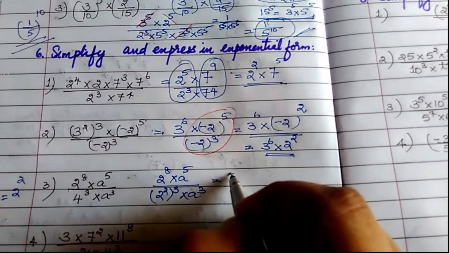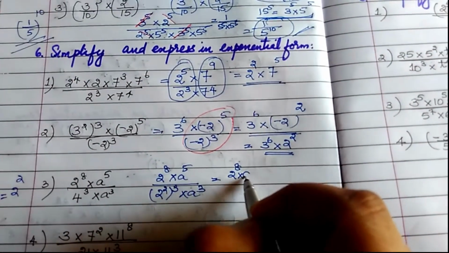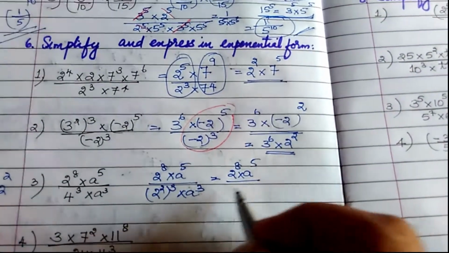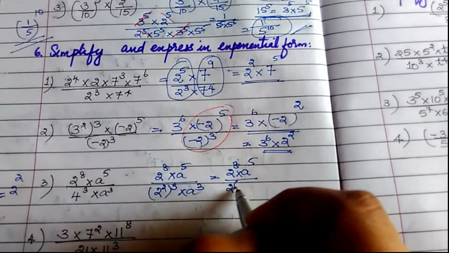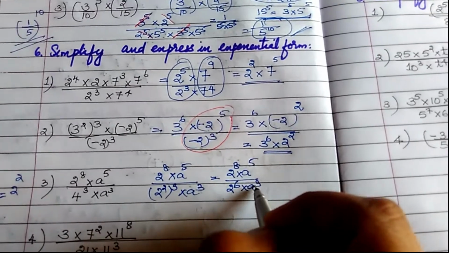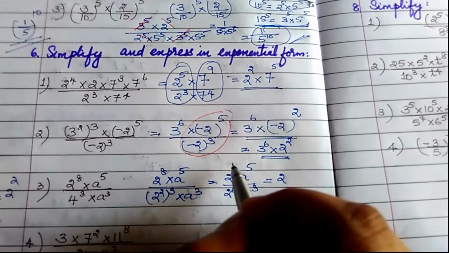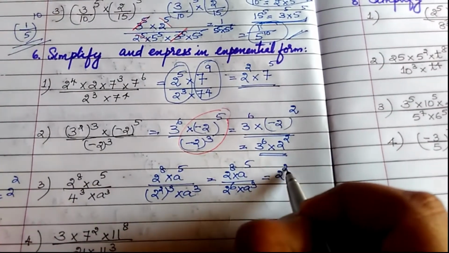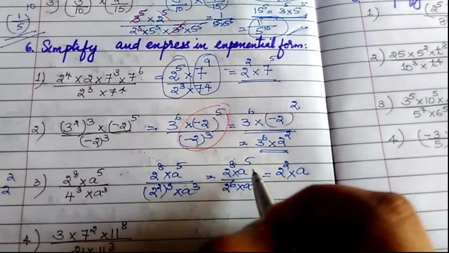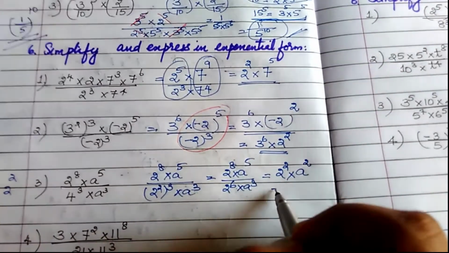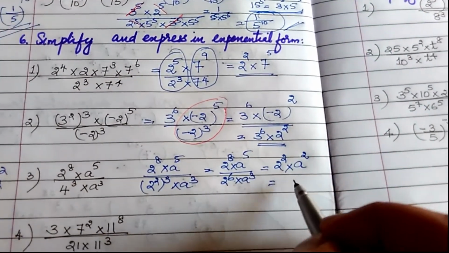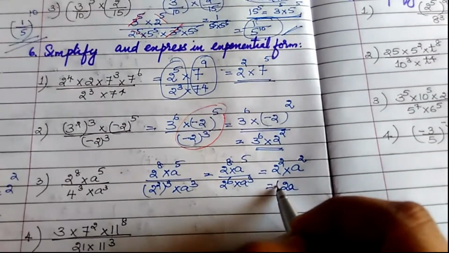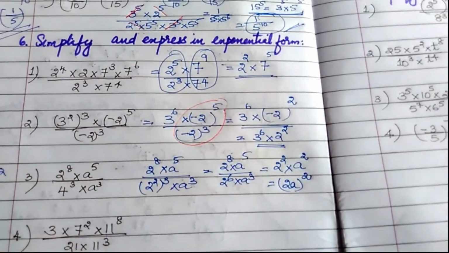So that is equal to 2 to the power 8 into 8 to the power 5 upon 2 to the power 3 into 2 is 6, into 8 to the power 3. Now how many 2's? These 2 can be clubbed up. So it is 2 to the power 8 minus 6 is 2, into 8 to the power 5 minus 3 is 2. Or else bases different, then powers are same. It is 2a to the power 2.